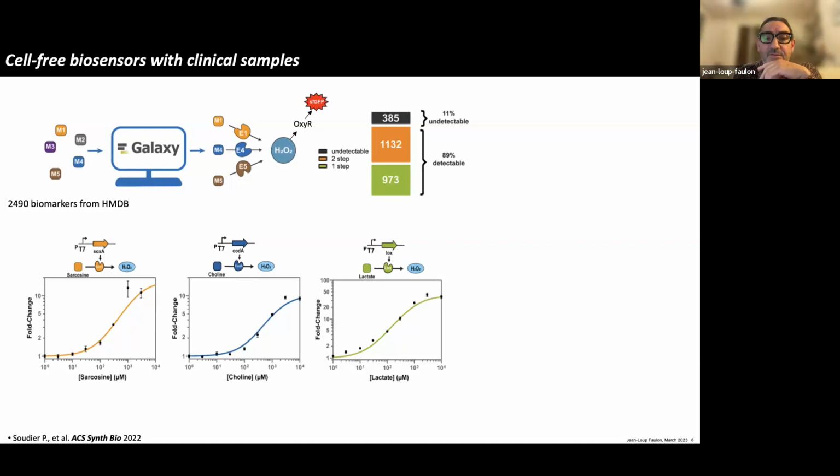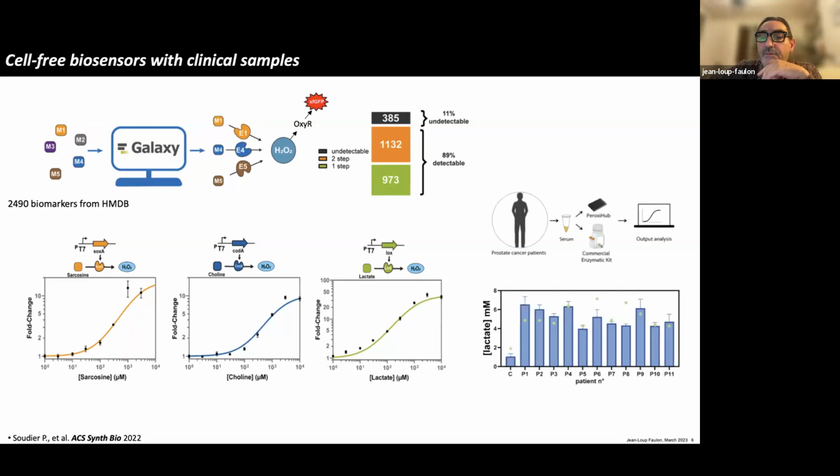And we even tested this on clinical samples, on serum samples, and compared with a commercial kit, at least for lactate. And what you see here is that the response of the biosensor in blue roughly agrees with the commercial kit, which are the green dots. At least you differentiate the control from the positive samples.